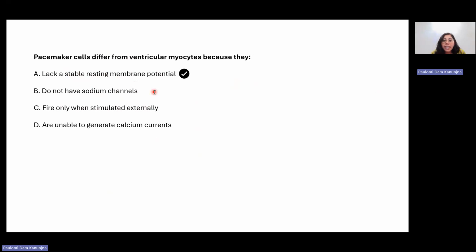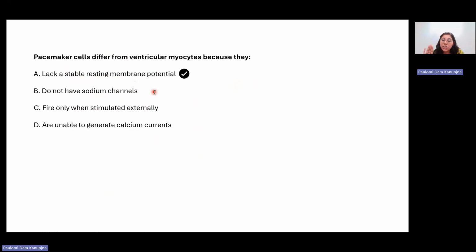Okay, so these pacemaker cells, like I have been telling you, are able to spontaneously depolarize, right? And that's because of their unique properties. So what makes them different? Let's understand in terms of millivolts. As I told you, if you remember from the first part, pacemaker cells have a less negative maximum diastolic potential.